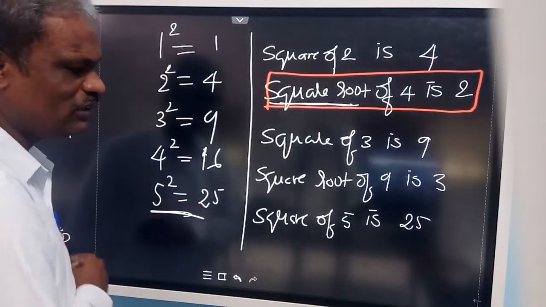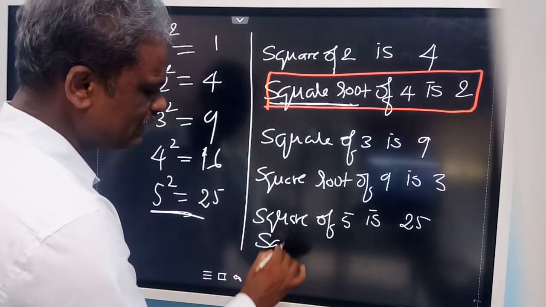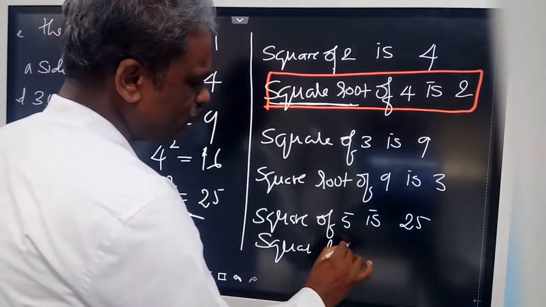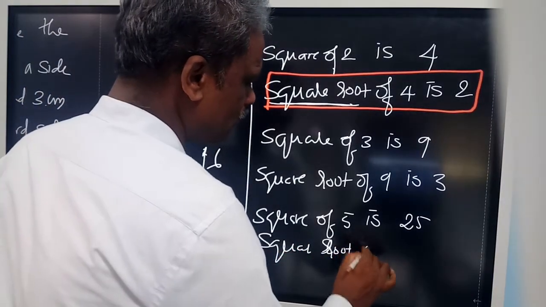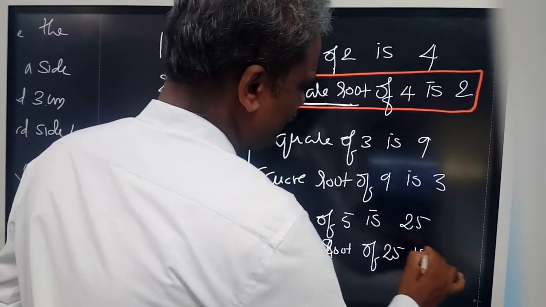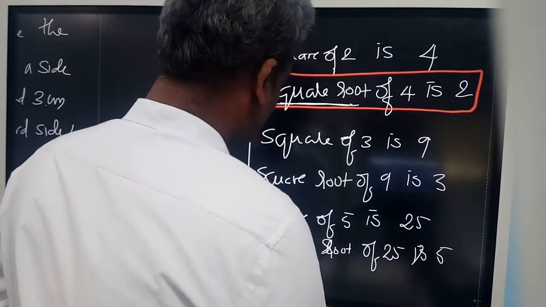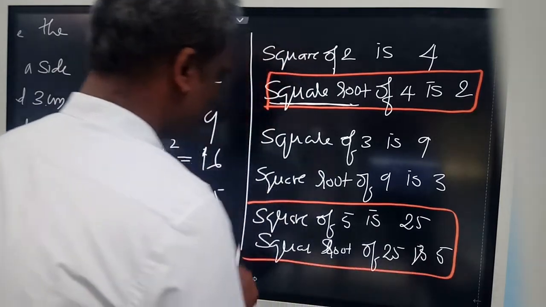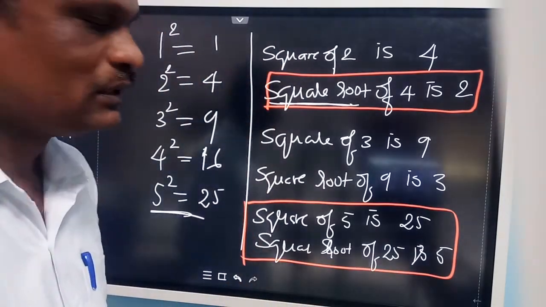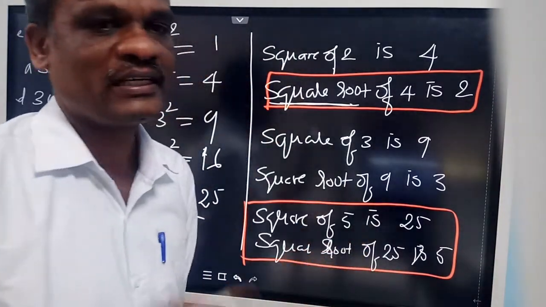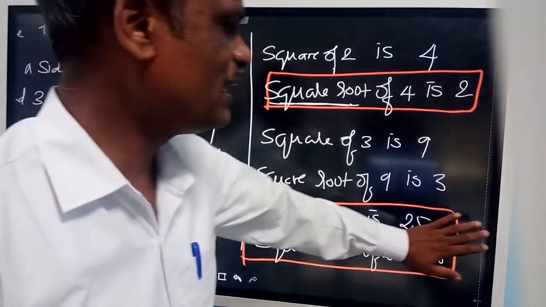The reverse operation is square root of 25 is 5. So now there is a meaning of square root. Square root is nothing but the reverse operation of squaring of a number.